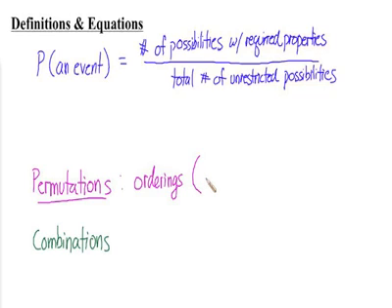In this case, order matters. For example, ABC is different than BAC. Often we're looking at permutations when we're talking about objects or things.